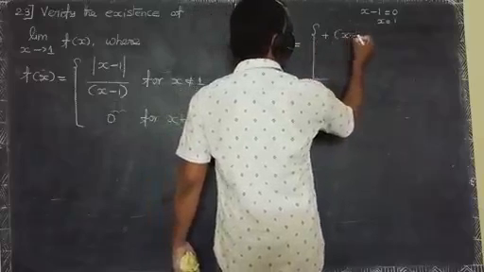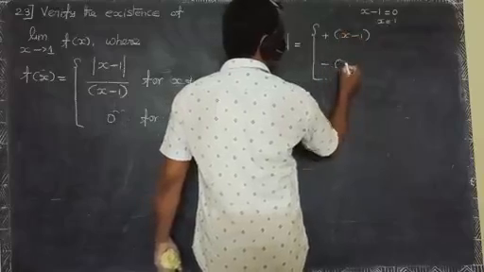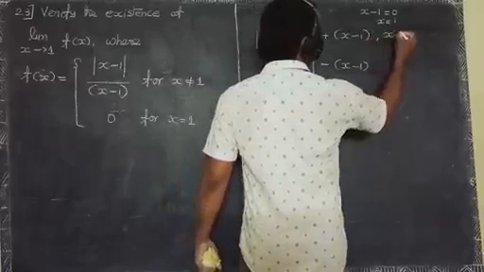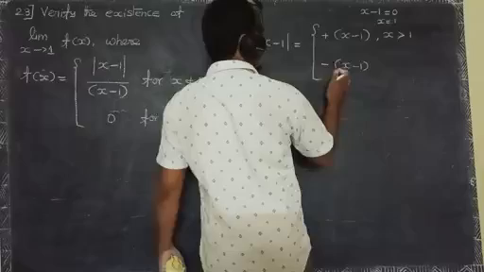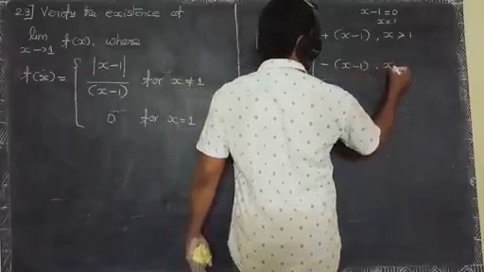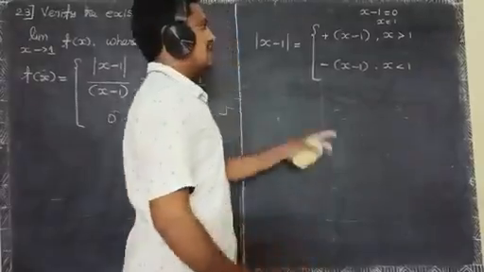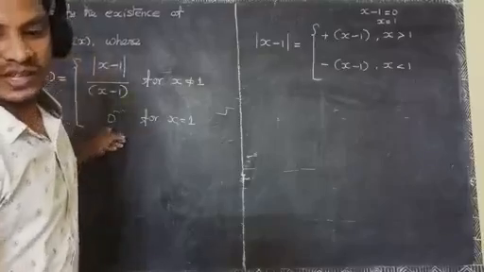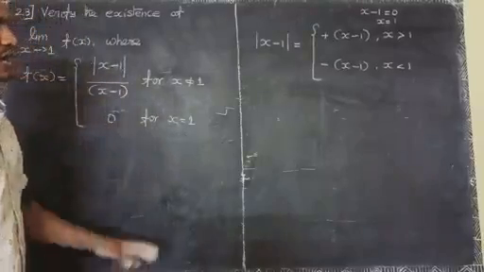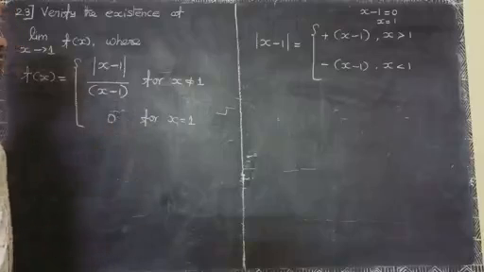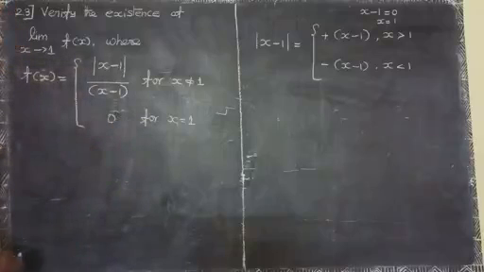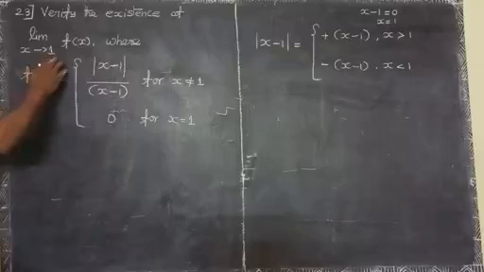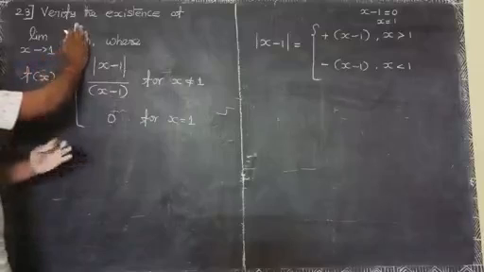The factor x minus 1 equal to 0 means x equal to 1. The modulus of x minus 1 is plus (x minus 1) for x greater than 1, and minus (x minus 1) for x less than 1. Suppose x equal to 1, then we use the constant function 0. Here, to verify whether the limit as x approaches 1 of f(x) exists or does not exist.